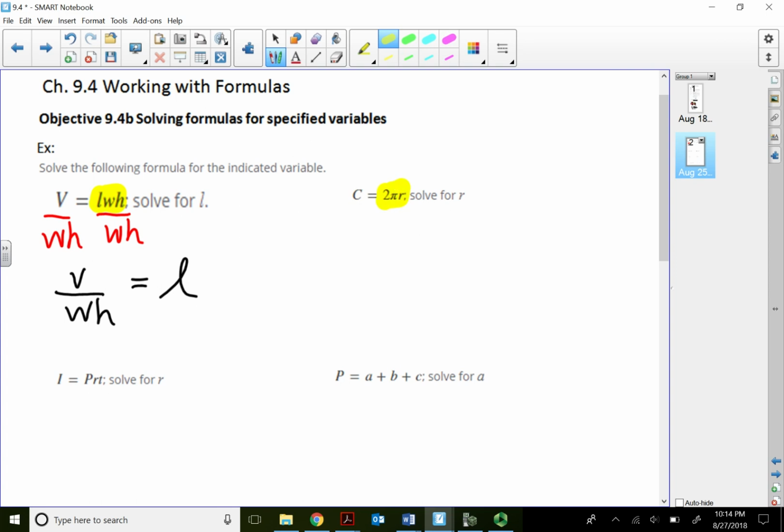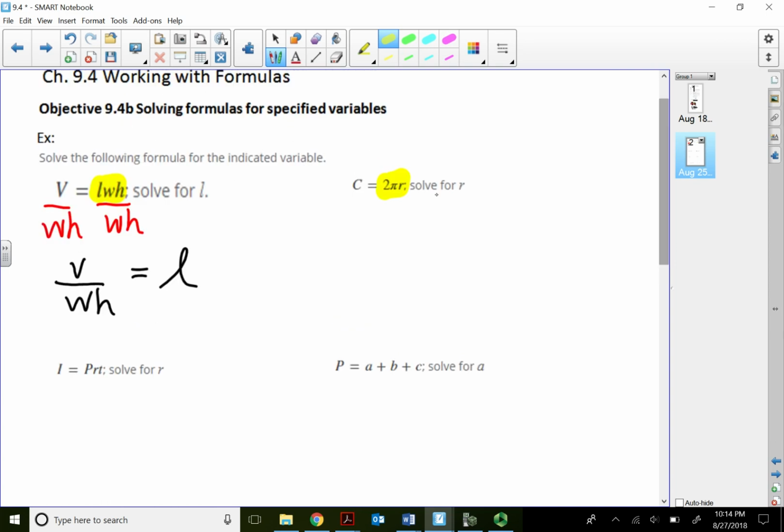There's no like term here to combine. Since r is the variable, that makes 2 pi the coefficient. So all I'm going to do is divide both sides by the coefficient 2 pi. My answer, r equals C over 2 pi. The 2 pi over 2 pi cancels out, leaving me with r.